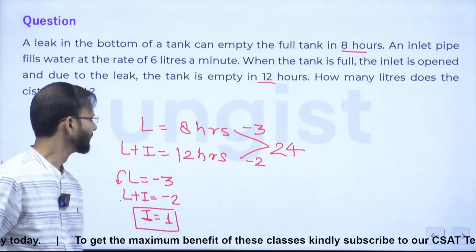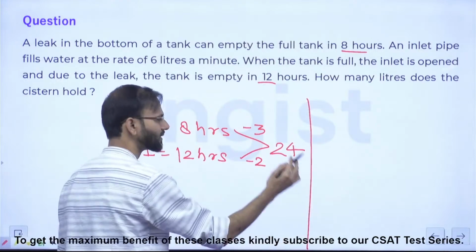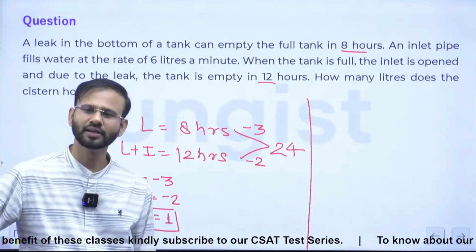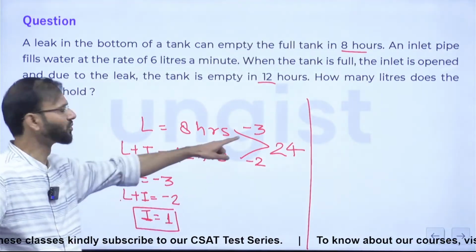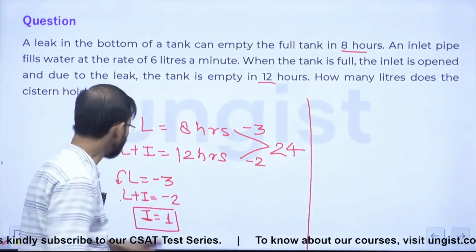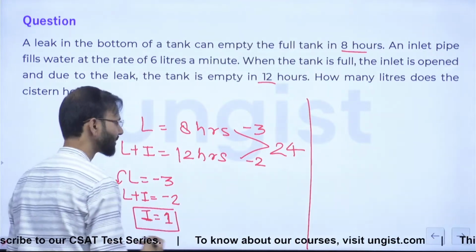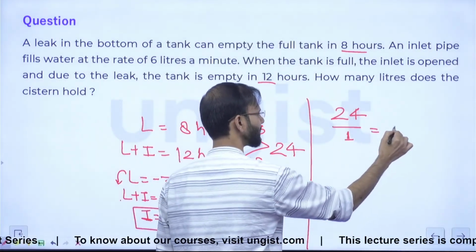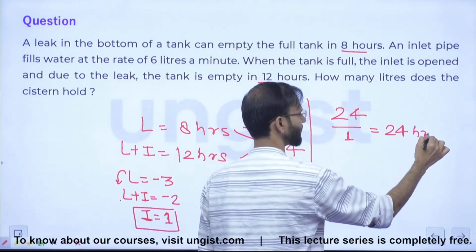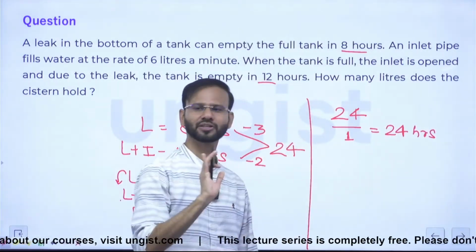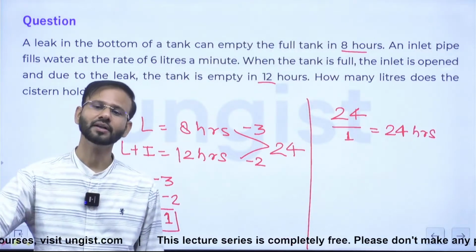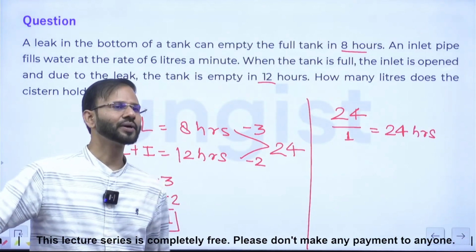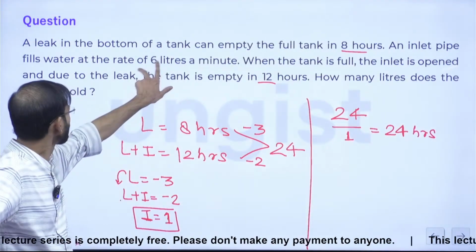Clear, guys? Now, when only inlet is working, inlet is filling water in 24 hours. Why? Because it is filling water at the rate of 1 unit per hour. When only inlet is working, not leak, inlet will be filling the tank in 24 hours. Now guys, inlet is filling the water at the rate of 6 liters per minute.